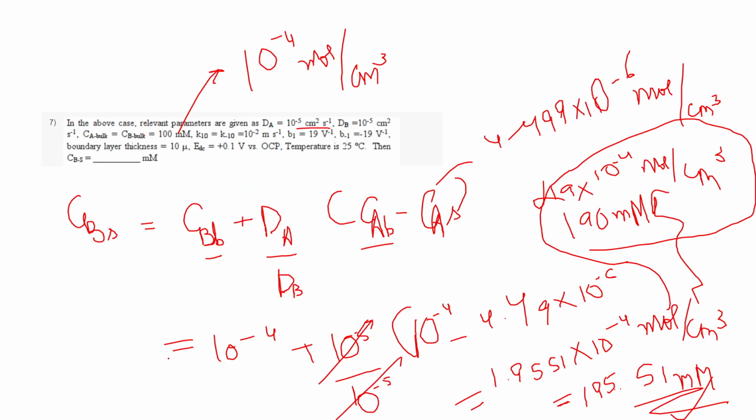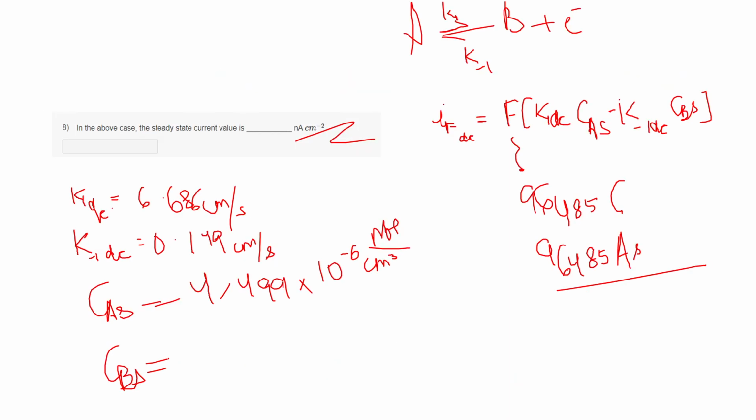It's 195.51 millimolar. That is 1.9551 into 10 to the power minus 4. Please substitute the values and see if you're getting the answer.